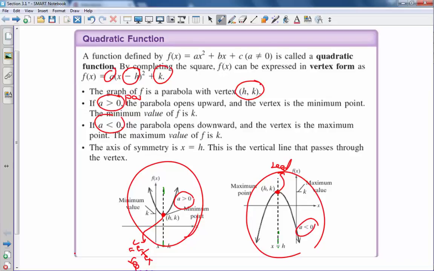Now, there is a line that goes right through between these two branches. What is it called? Axis of symmetry. Yeah, axis of symmetry. But how do you write it mathematically? You need to set x equal to a number, and guess where we get that number again?